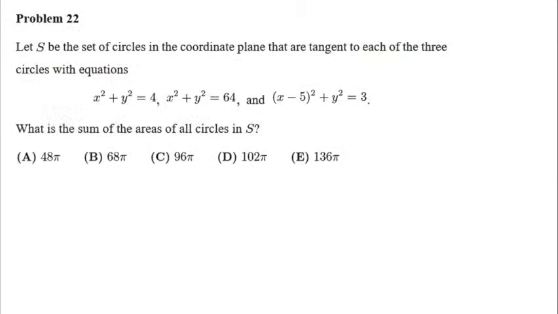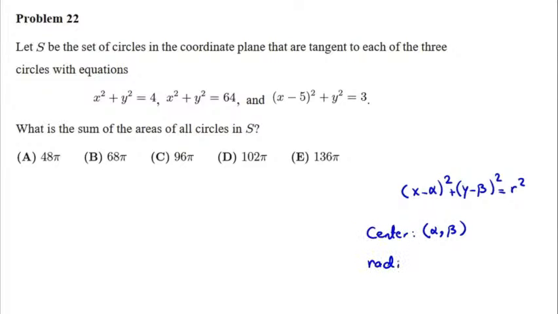So, the equation of a circle: if you have x minus alpha squared plus y minus beta squared equal to r squared, the center of this circle will be alpha, beta, and the radius will be r. So, we have these 2 things. Now, for each of them, the first one, center is 0, 0.